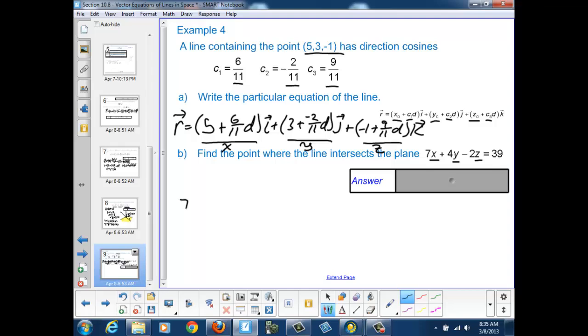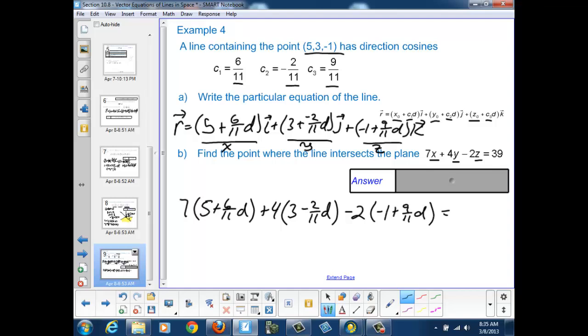So I would have 7 times (5 plus 6/11 d), plus 4 times the y information, (3 minus 2/11 d), minus 2 times the z information, (negative 1 plus 9/11 d).